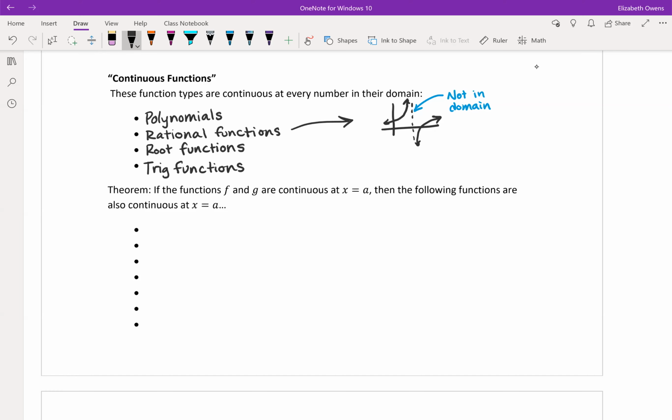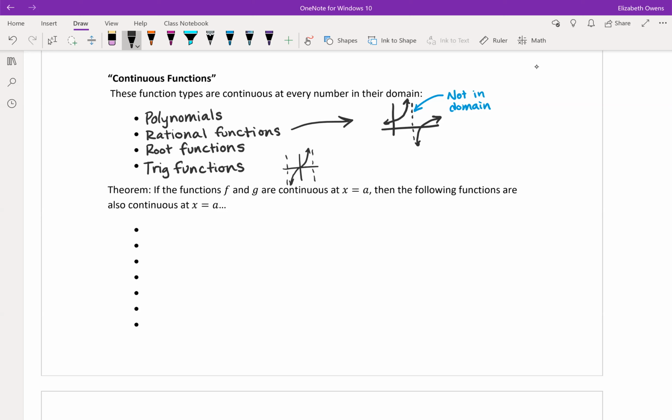Like, oh, those are nice continuous curves all the way. For the other functions like tangent, for instance, it has a lot of vertical asymptotes, but same thing again. The places where those vertical asymptotes are, those infinite discontinuities, those are not in the domain of tangent. So these are continuous at every number in their domain.